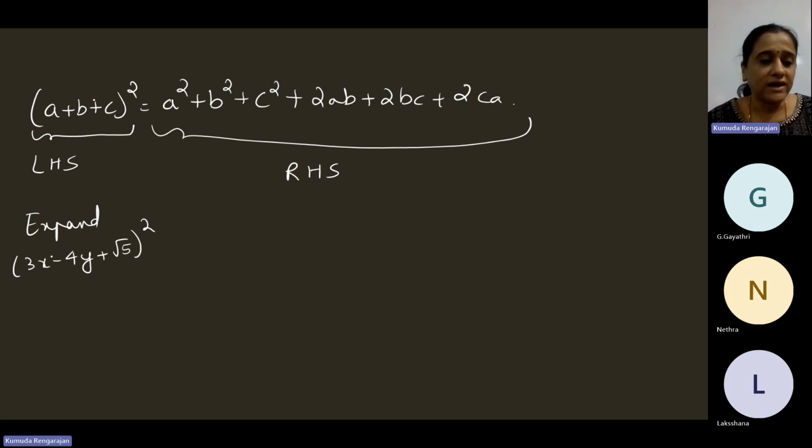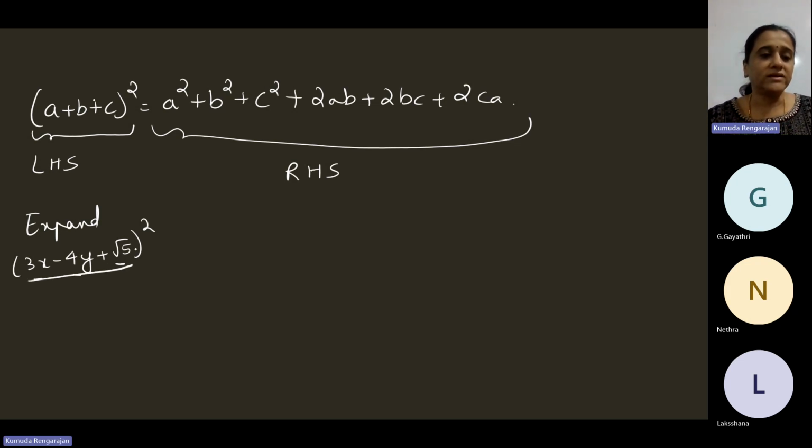You can see that this question has three terms, 1, 2, 3 terms, and we have to find the value of this expression, 3x minus 4y plus root 5 the whole square.